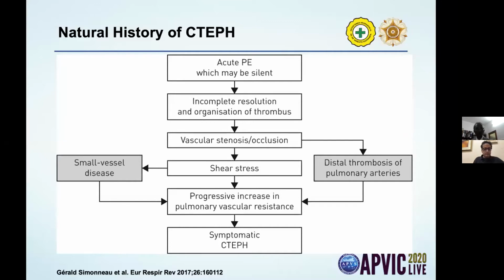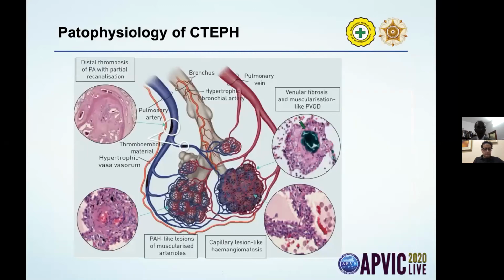So this is more or less the pathophysiology of CTEPH: the distal thrombosis of the pulmonary artery, which usually will have a partial recanalization in patients with pulmonary emboli. And part of the thromboembolic material itself will occlude the small branches of the distal pulmonary arteries, or the segments of the pulmonary arteries itself.